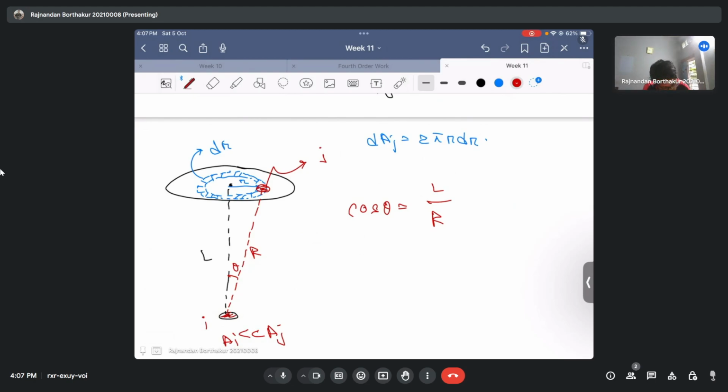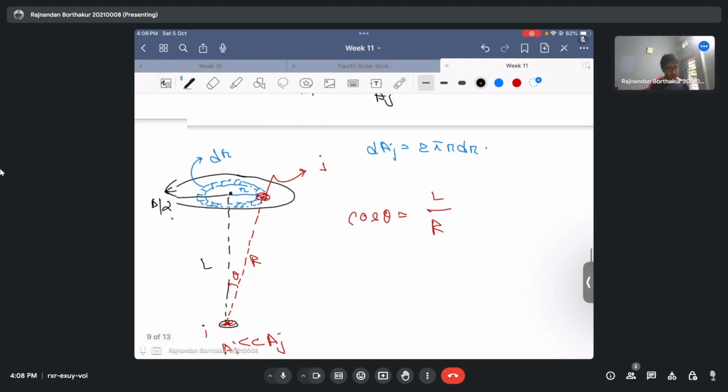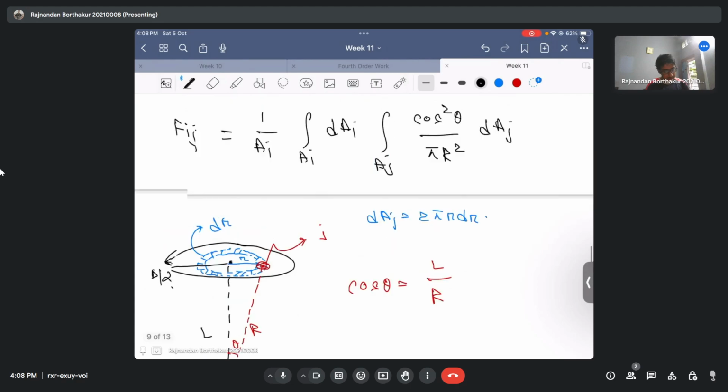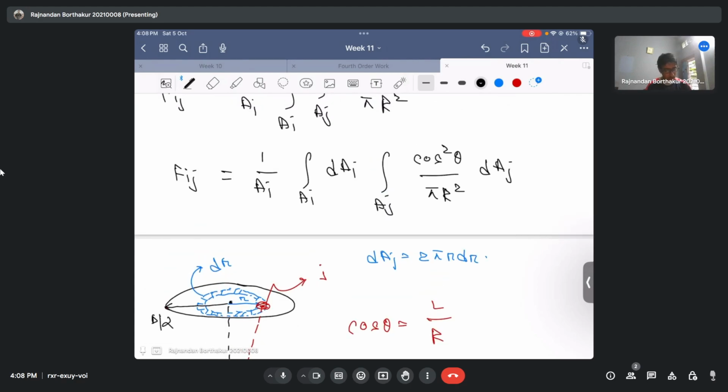And of course I know that the entire radius of this disk is d by 2. Okay, I hope things are clear. So this is your Fij. This is easy to calculate, because this will just give me Ai.